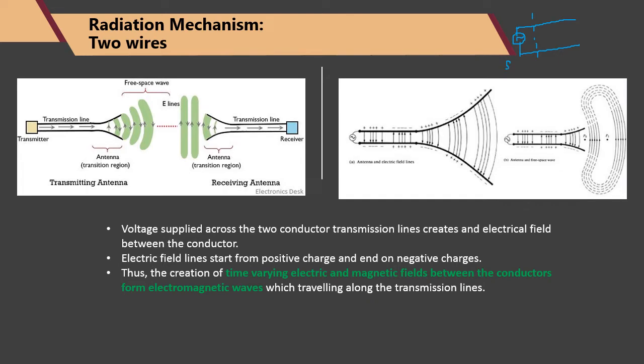So this is the source, an AC source for example. In between is the transmission line, and it ends up with the antenna. Okay, so this is the transmission line. We assume the transmission line is in wire shape, in two wire shape.